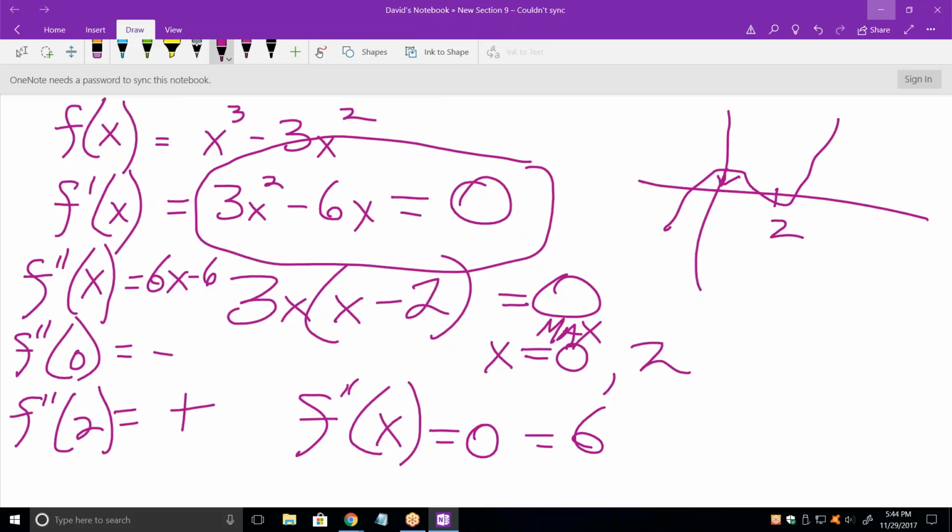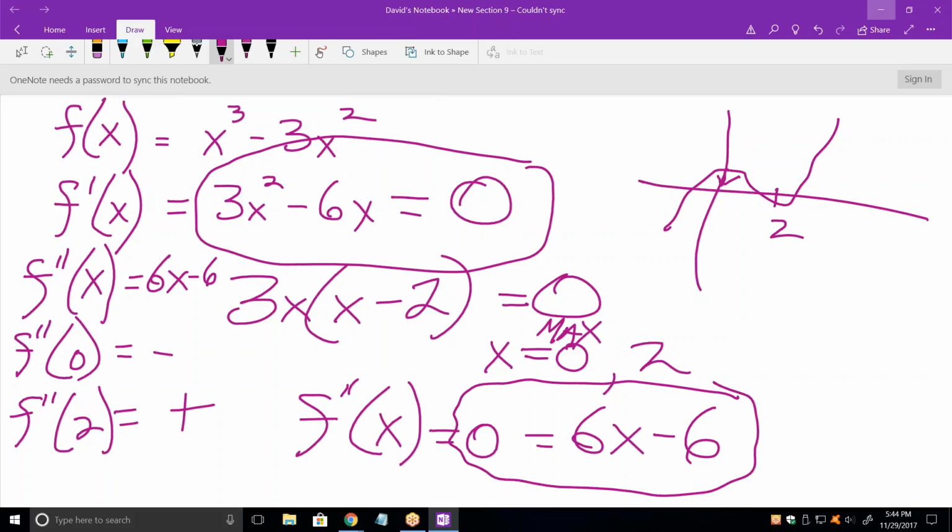Set the second derivative equal to 0. Solve that for x, and you'll have your inflection point. So it'd just be x equals 1. Yeah, which is right there.